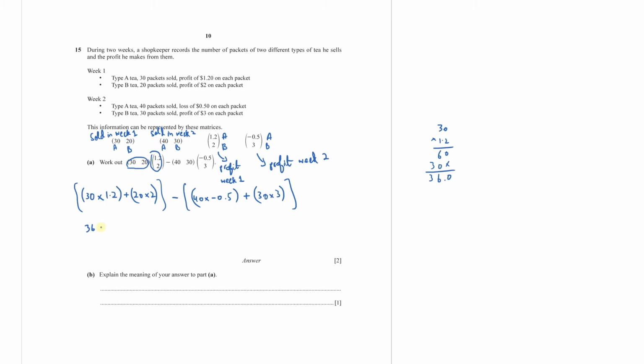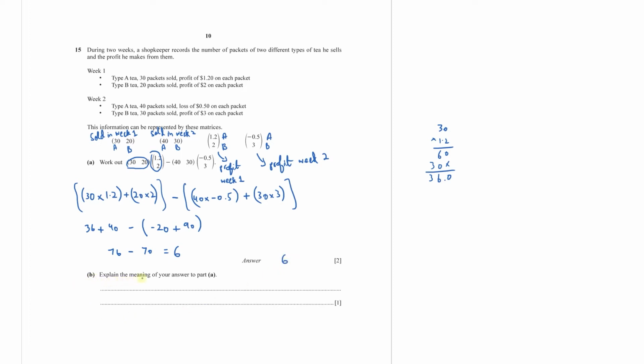So this is 36 plus 40 minus 40 multiplied by negative 0.5, which would be minus 20, plus 30 times 3 is 90. So you get 40 plus 36 is 76, minus 90 minus 20 is 70. 76 minus 70 is 6. So your answer is 6.